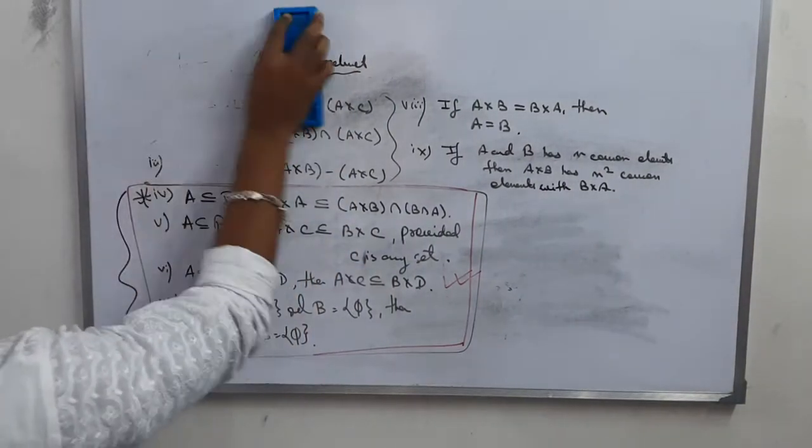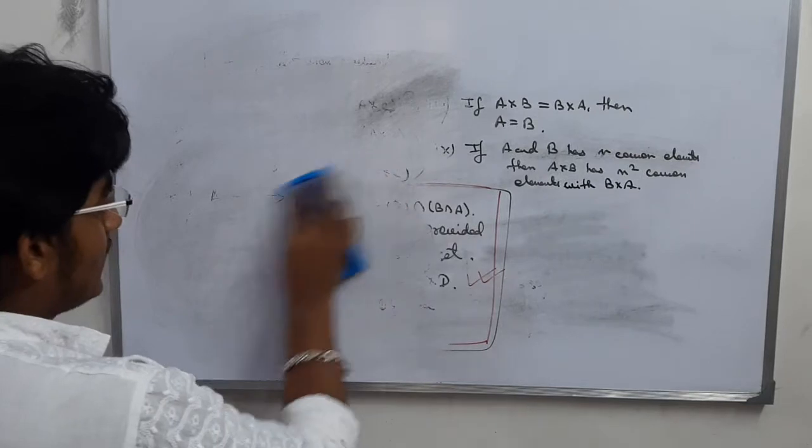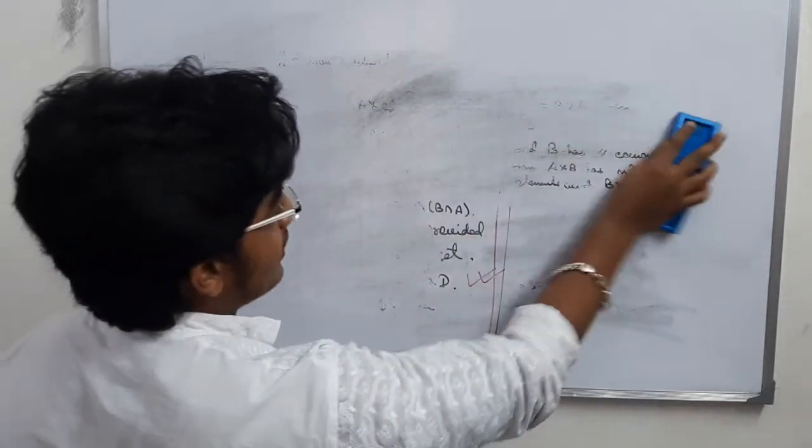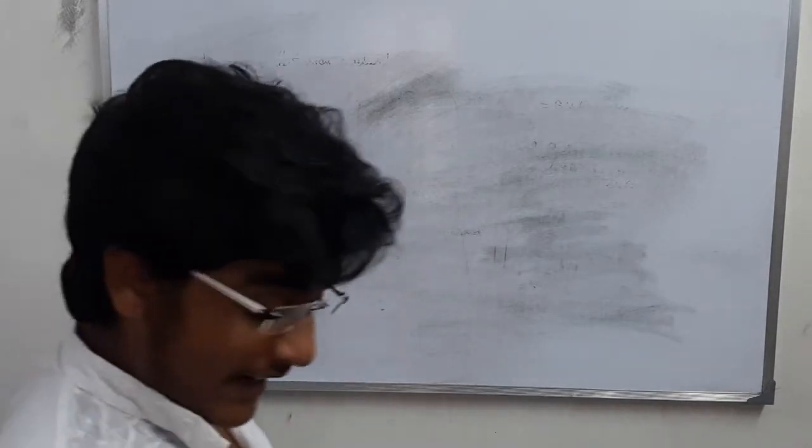Now we introduce you to relations. What are relations? See, a relation between two sets is also a set. Relation R between two sets is also a set. What sort of a set?